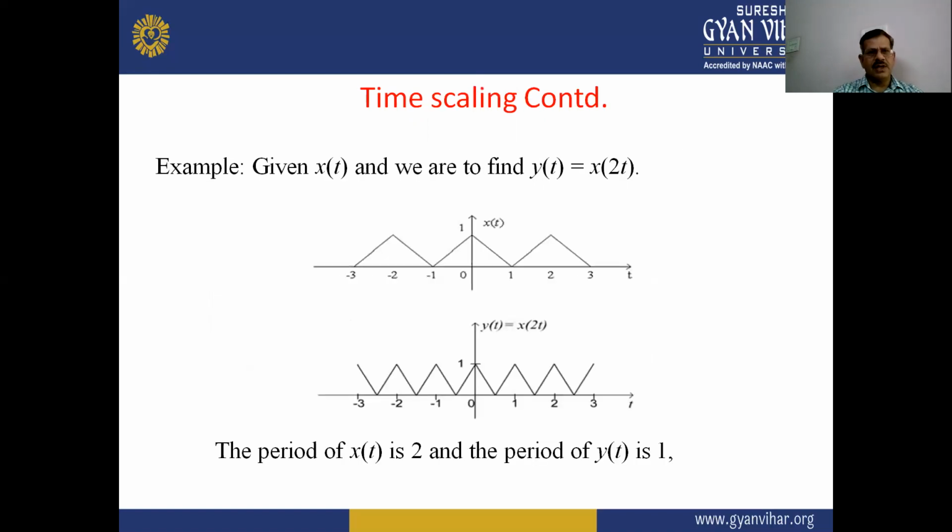For a given example, here x(t) is given and we are to find y(t) equal to x(2t). So the first diagram represents a period of x(t), and the second one is for y(t) equal to x(2t).